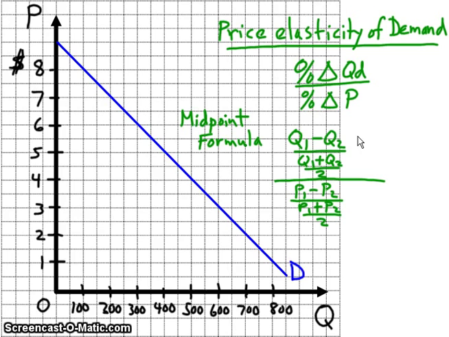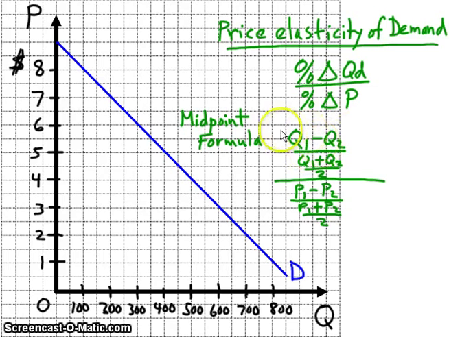We can start at Q2 or go to Q1, or start at Q1 and go to Q2. Because we are doing the midpoint, it takes out the fact that we would get a different value depending on which point we started at. So that's the nice thing. The value is going to be the same regardless of where we start.